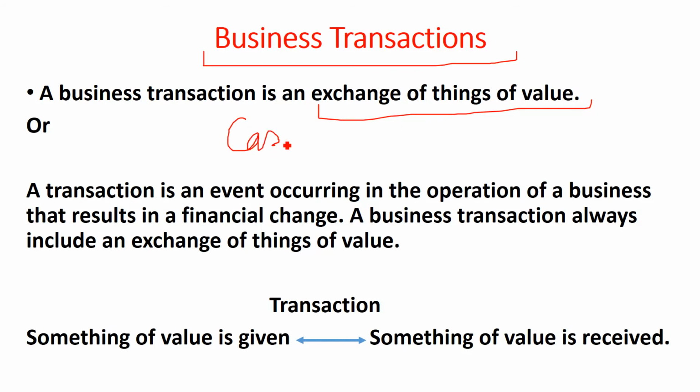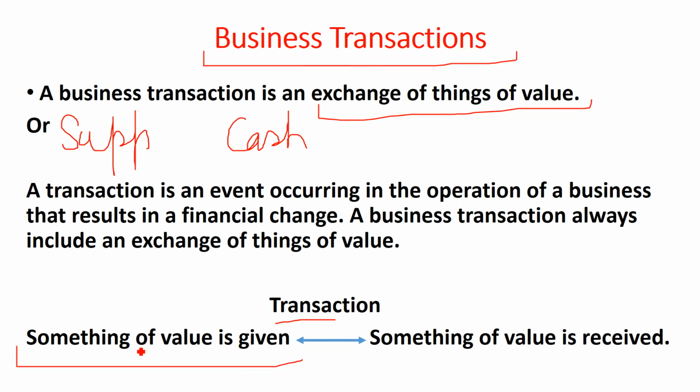Sometimes we use a credit card, sometimes cash or a debit card, and we are receiving supplies, right? So, an exchange of things of value. Here I have explained the transaction in a more meaningful manner: something of value is given and something of value is received. This is called the transaction.